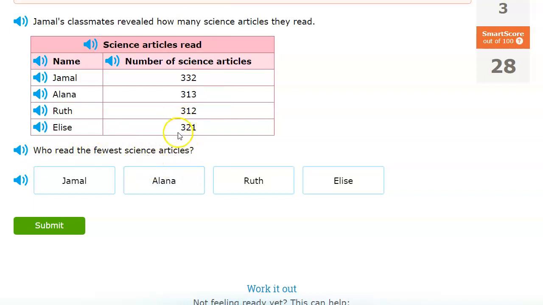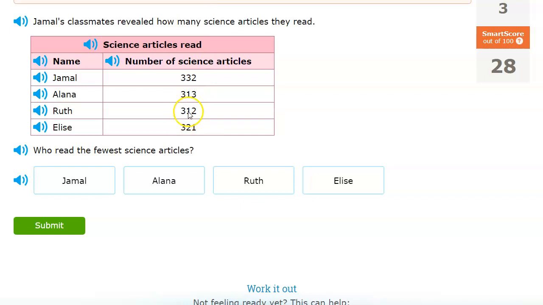Let's start with our biggest place value, which is the hundreds place, and they all say 300, so they're all equal so far. So we move on. Now we're in the tens space. We have 20, 10, 10, and 30. So it's not 30 and it's not 20, but so far these two are equal.